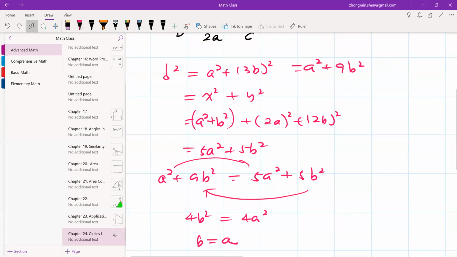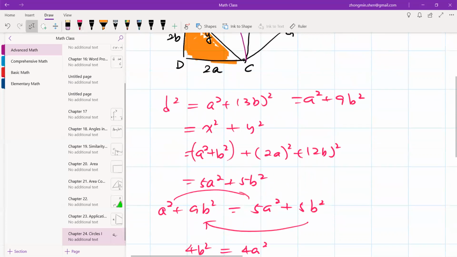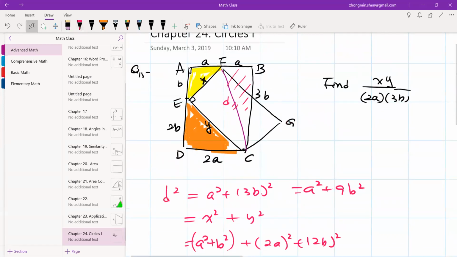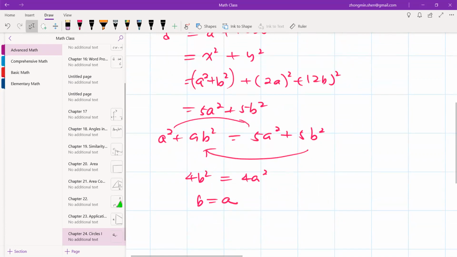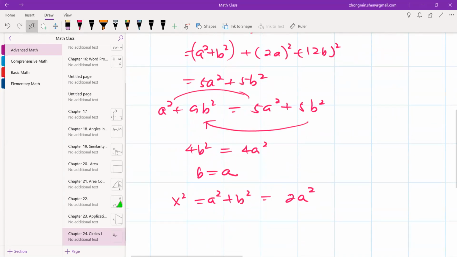Okay, let's go back. We found B equals A. Remember that. Now you have to find X and Y. It's easy. Let's use A only. X squared equals A squared plus B squared, which is 2A squared, so X equals square root 2 times A. That's important.